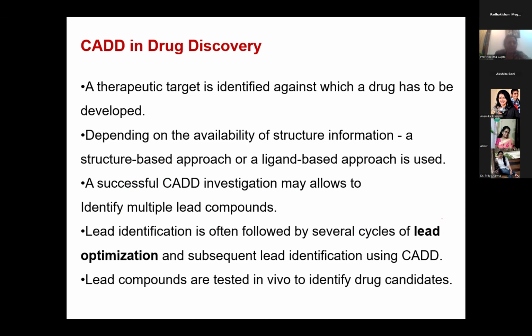First you have to identify the target, and then whatever information you have, you have to choose whether you are going for a structure-based approach or a ligand-based approach. And then a successful investigation series has to be taken up to identify multiple lead compounds, and then lead identification is followed by several cycles of lead optimization, and then identification of a particular compound which can be identified as a drug candidate.